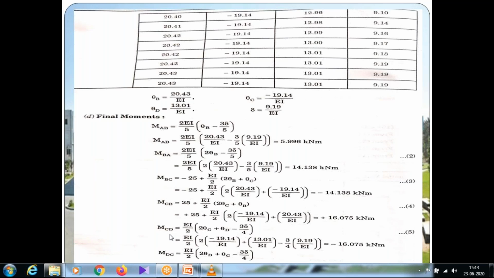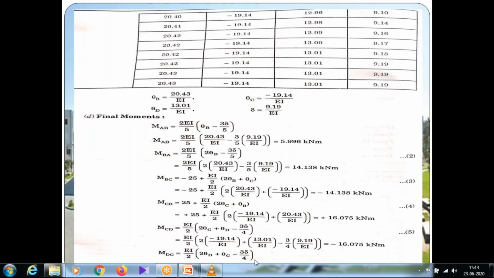Similarly, MCB plus MCD is equal to 0. Here we are getting MCB as 16.075 and MCD as minus 16.075. After adding these two, the value will be 0. That means joint C is in equilibrium. The MDC equation is EI by 2 into 2 theta D plus theta C minus 3 delta by 4.